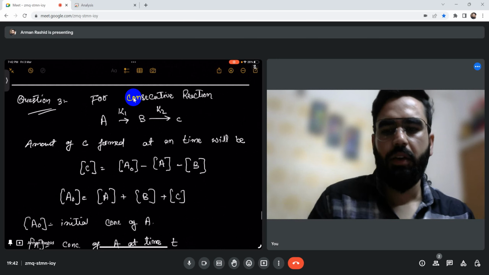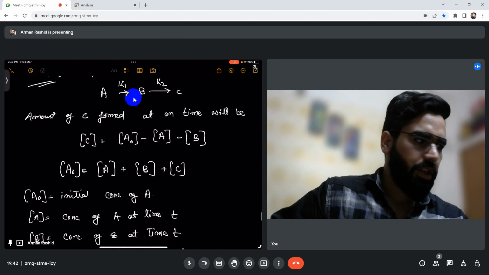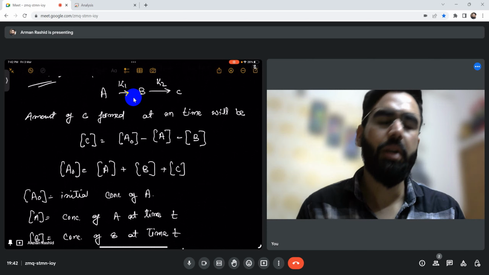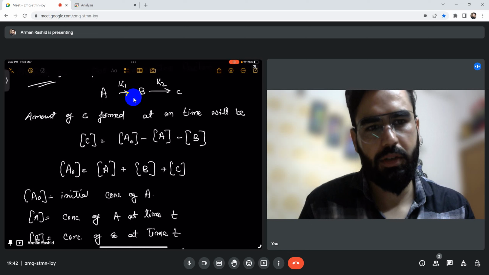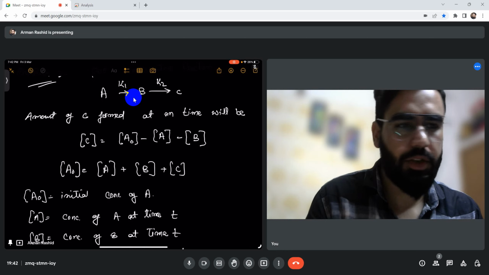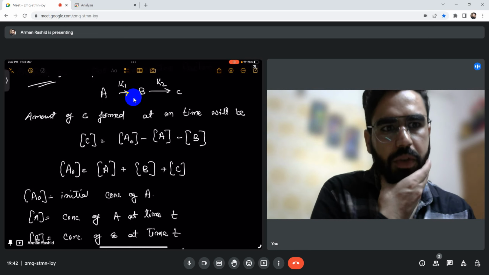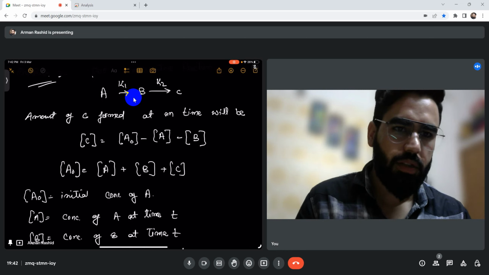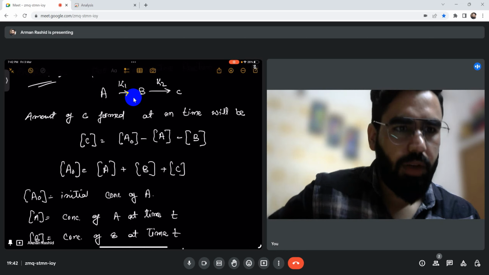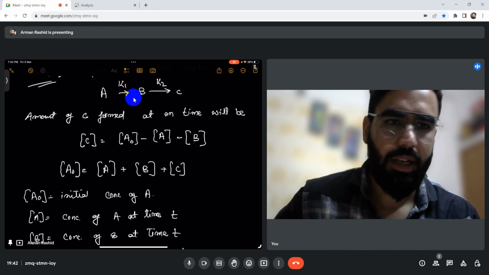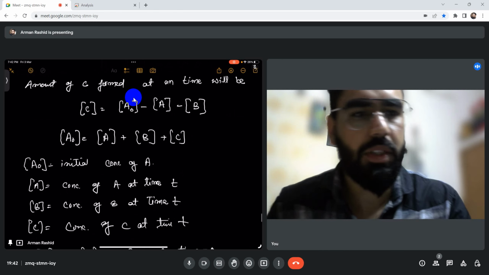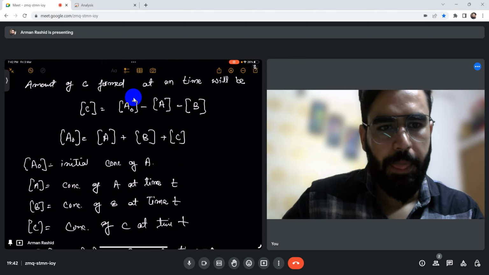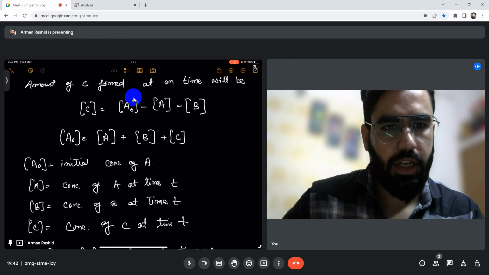Then we had a consecutive reaction, in which A was converting into B and then into C. We had to determine, at a particular time after the start of the reaction, what will be the concentration of C. That we have solved, because we know that the total concentration of all the reactants and all the products will be the total amount that was taken initially, that is the reactant A. Then using the rate law equations, we have determined the concentration of reactants at different instants.